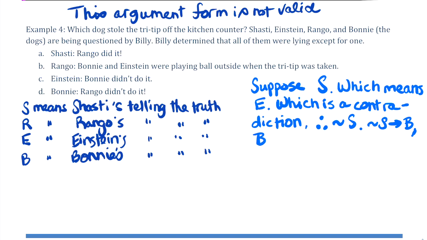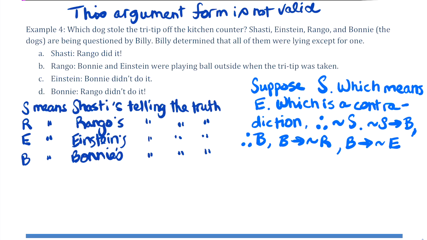So if Bonnie is telling the truth, right? What does that mean? It means all the other ones are lying. So Bonnie telling the truth means we have B implies not R. B implies not E, right?